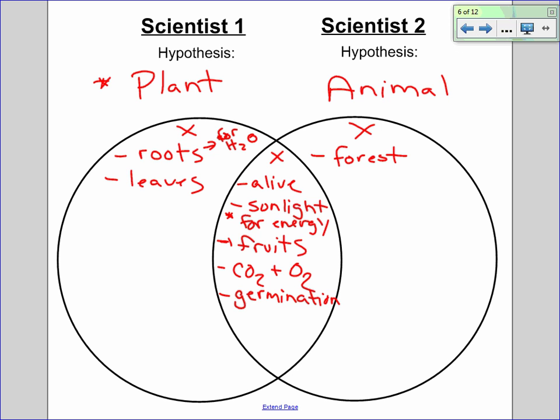Anything else? We can add to the scientist 2 list now. Anybody else have anything for scientist 2? Well, good. That there's actual physical mating that happens. Nice. Other things? Good. It hunts. Nice. Excellent. It's got a form of camouflage.